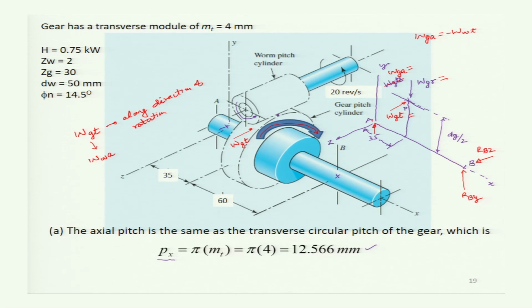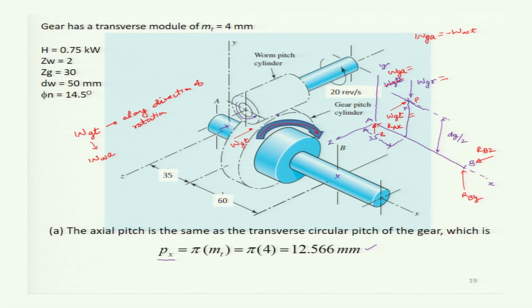So let bearing A support the thrust load, and so the reaction will be there at A, and the reaction we will take in the direction opposite to the direction in which the axial load is acting at the pitch point P. It is acting in the positive x direction, so the reaction will be taken R_Ax in this way.